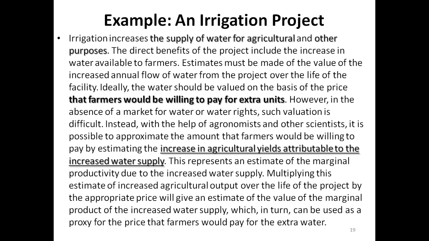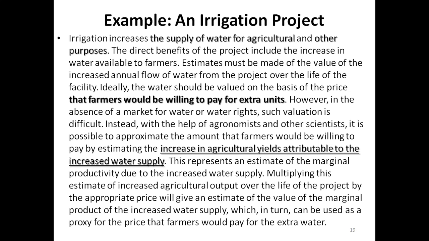Instead, with the help of agronomists and other scientists, it is possible to approximate the amount that farmers will be willing to pay by estimating the increases in agricultural yield attributable to the increased water supply. This represents an estimate of the marginal productivity due to the increased water supply.